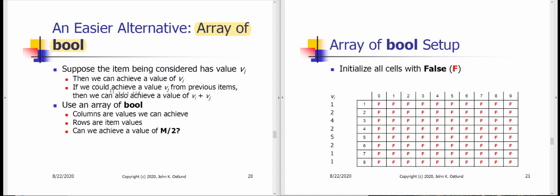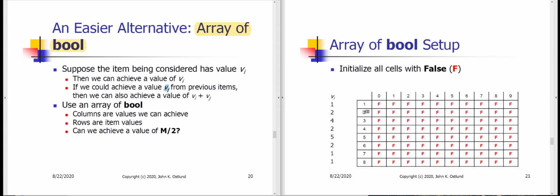On the other hand, if we go through all of the values that we could achieve using coins prior to, or using values from our multiset prior to v sub i, then any true values here, any achievable values here, will still clearly be achievable whether we use the next value or not. So we'll mark the values that were achievable using the previous coin.